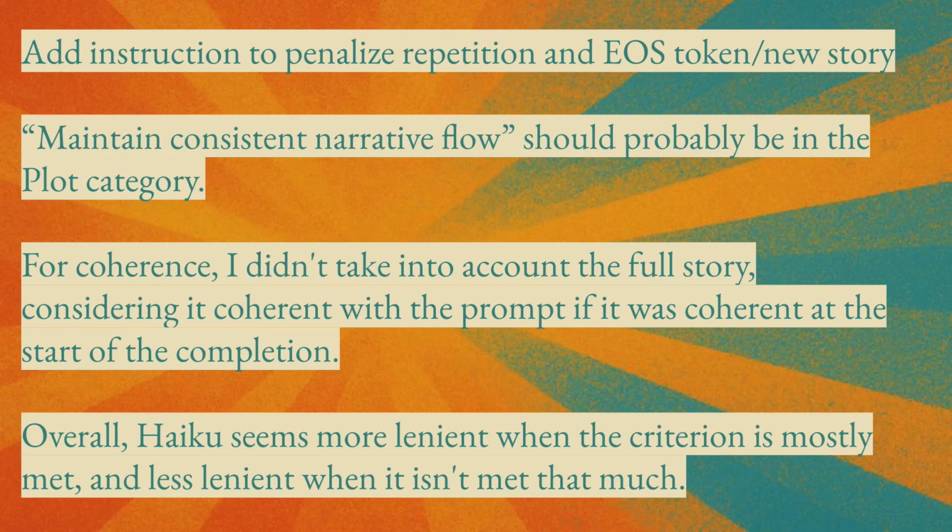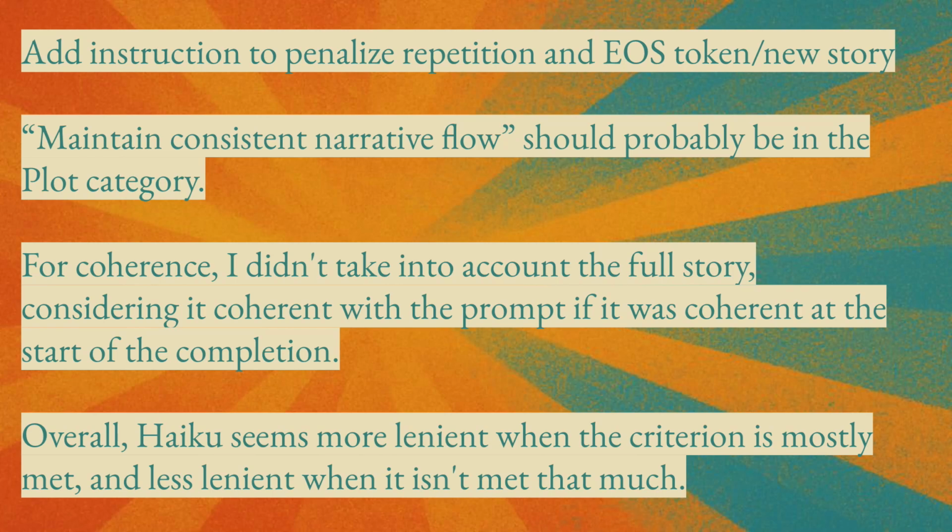scoring category. When it comes to the coherence criterion in context tracking, I realized that I didn't take into account the full story, considering it coherent if it was coherent at the very start of the completion. So if the completion finishes the sentence correctly and then goes off in incoherence, I consider that coherent, whereas Haiku was taking a more holistic analysis of the full completion.